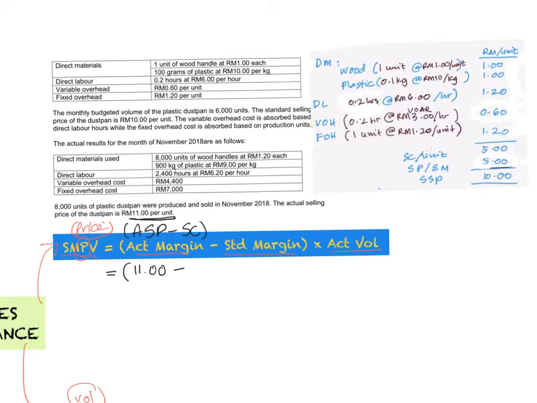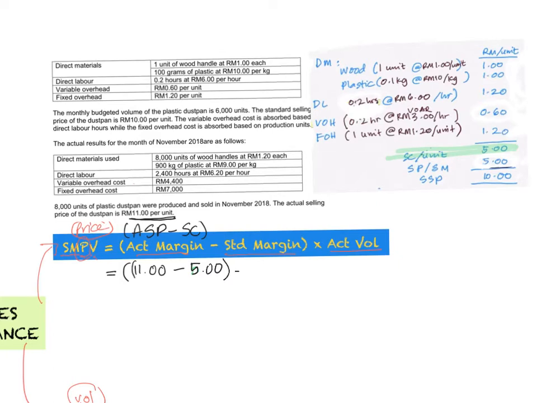We always minus with our standard cost, which you have already calculated in your standard cost card. The standard cost is 5 ringgit. So we bring that 5 ringgit here, and that will give you the actual margin.